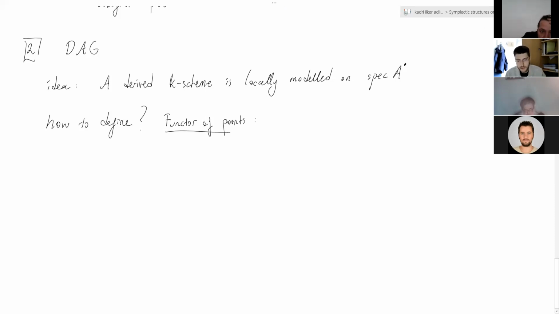What does it tell us? If you remember, you can define schemes, for instance, as certain presheaves of sets, plus this descent property, I mean, local to global properties. This is how we define schemes in a functorial perspective. And actually, you can play with these source and target categories.